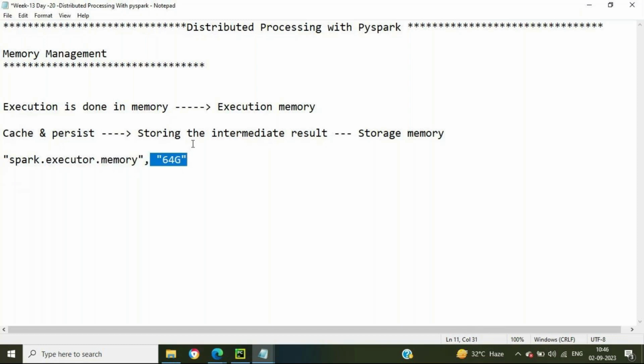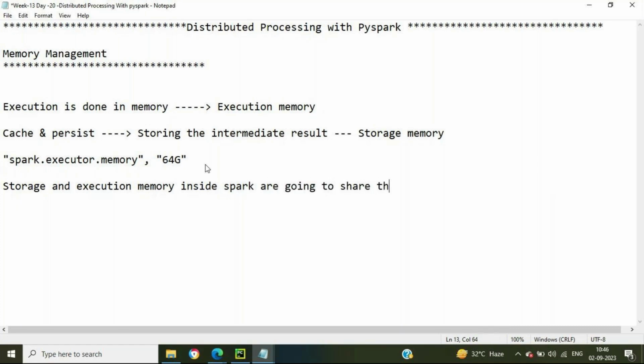So storage memory and execution memory inside Spark share the unified location.